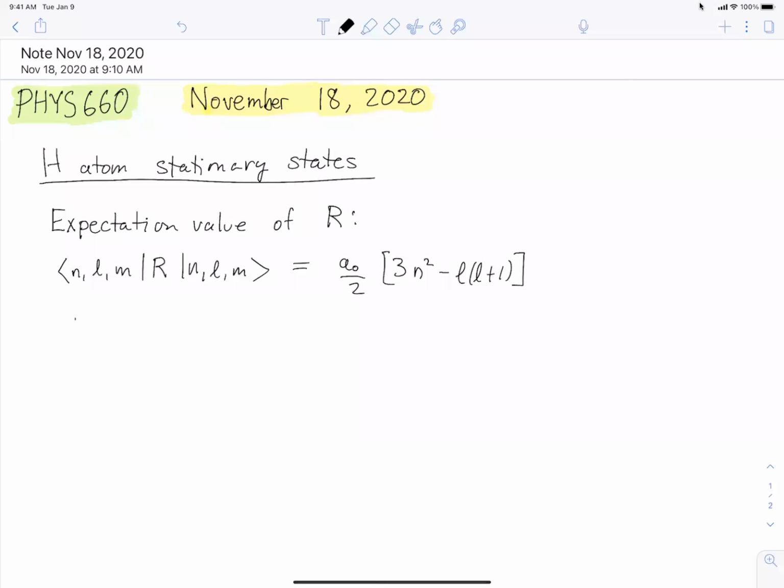And a0, the Bohr radius, reminder, that was equal to h bar squared over the mass times the charge on the electron squared, which turns out to be about 5.29 times 10 to the minus 11 meters.